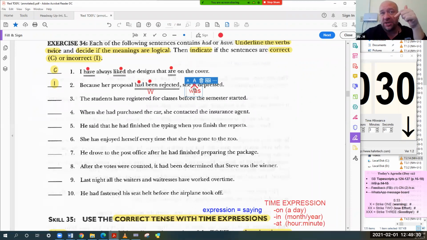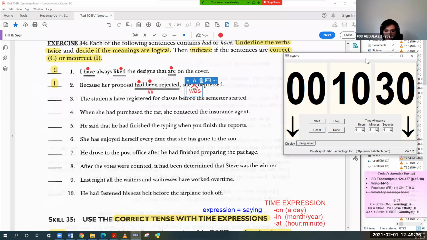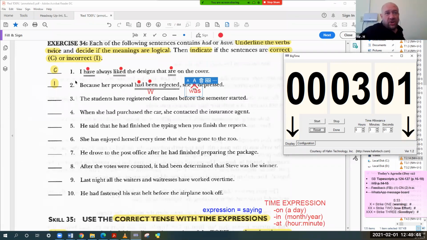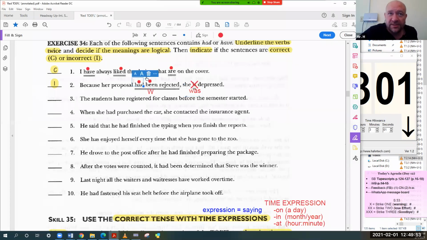It should be past simple, like this. Okay, if I change had to has, present perfect, has been rejected. Because her proposal has been rejected, yeah, that's also possible. You could change this to has. That's a possibility.